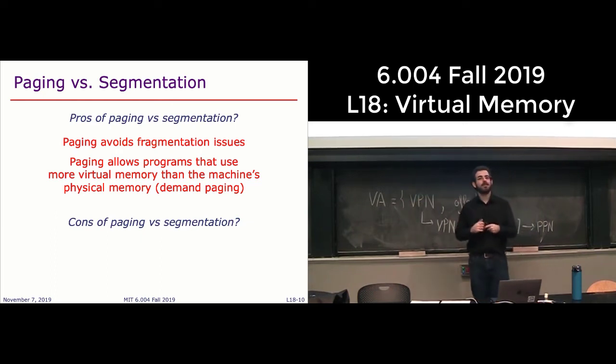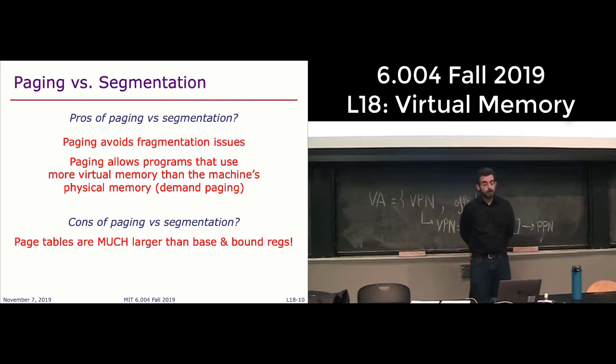So you have a more flexible mapping, but how much space is it going to take me to store the page table versus the information that I need to locate a single segment in physical memory? We're going from 2 registers to something like kilobytes or megabytes worth of translations, of mappings from virtual page number to physical page number. So this flexibility comes at a cost.